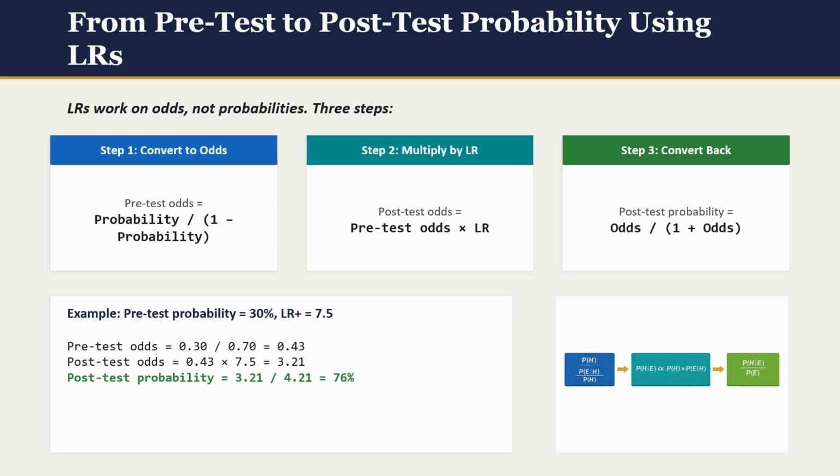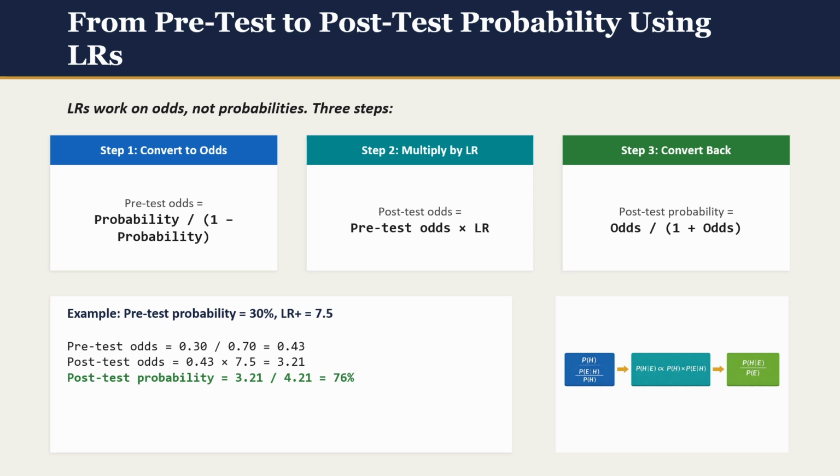Step 3, convert your post-test odds back to a probability. Post-test probability equals 3.21 divided by 1 plus 3.21, which is 3.21 divided by 4.21, which equals approximately 76%.